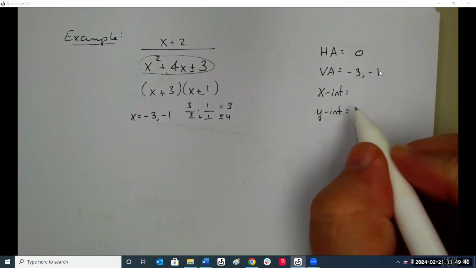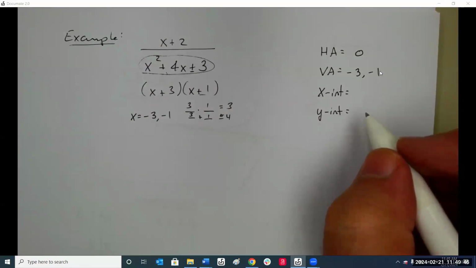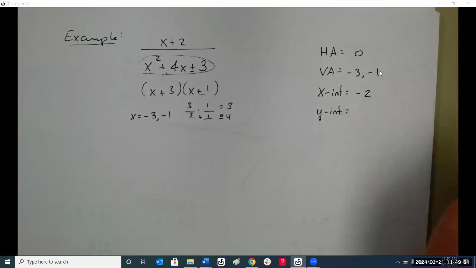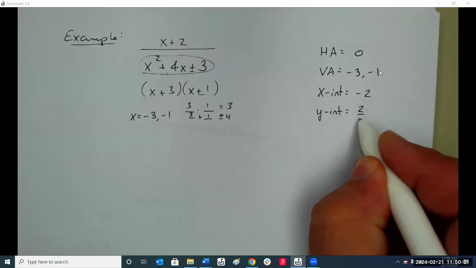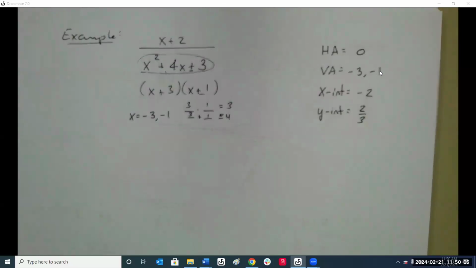Do we have an x-intercept? -2, because set the top equal to 0. Do we have a y-intercept? It's just the constant, right? Because you set all the x's equal to 0, what you're left with is the y-intercept.